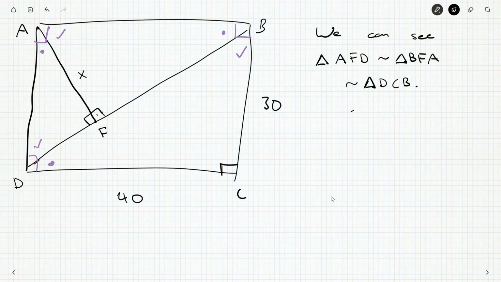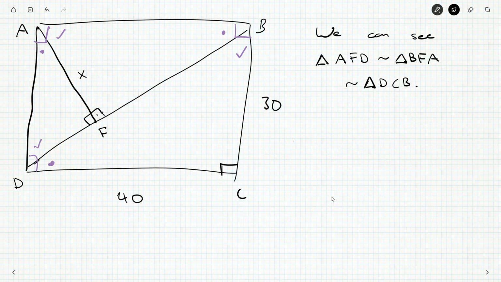Okay. Now, BCD is a 30, 40, 50, a 3, 4, 5 triangle. So we could use that, I guess. So all sides for these triangles. Well, let's say this, because we actually do get marks for writing things up.